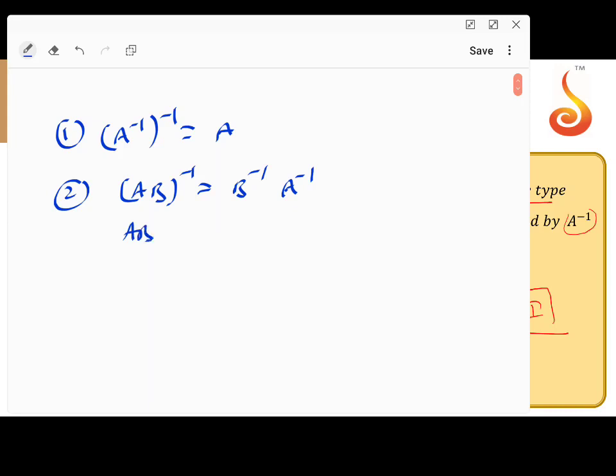You can extend this property: ABC whole inverse is C inverse into B inverse into A inverse. So this is all reversal. This is called reversal. I hope this is clear. So these are the properties we generally use. So, clear?